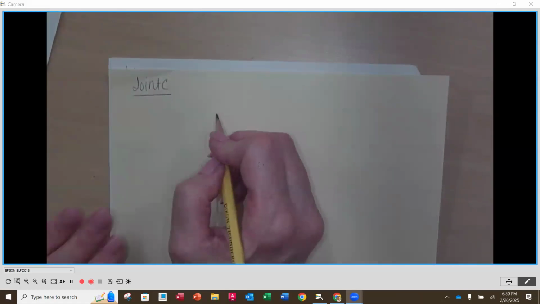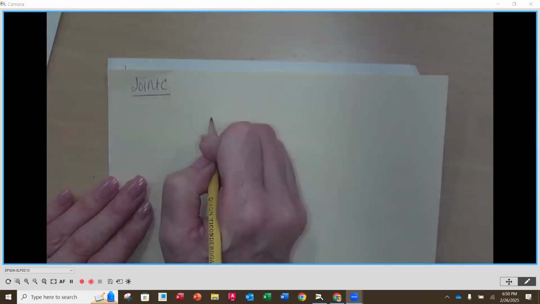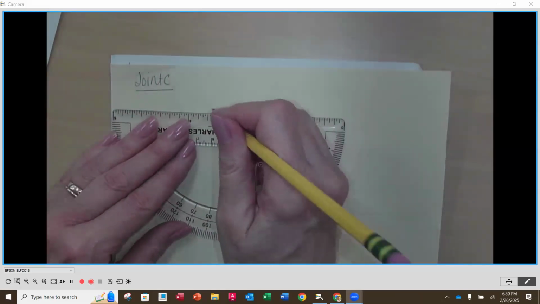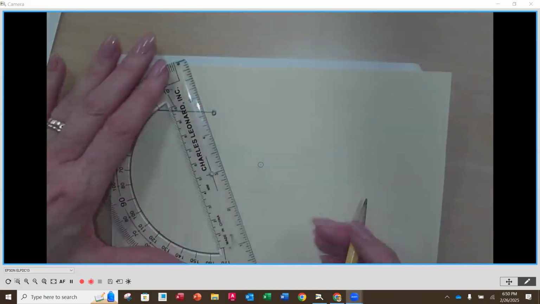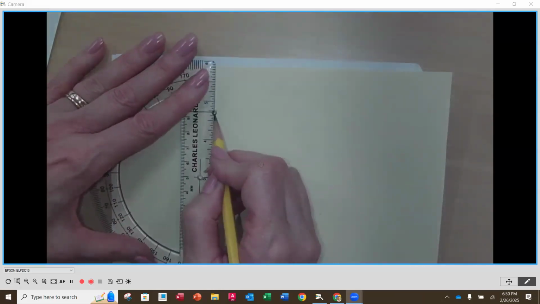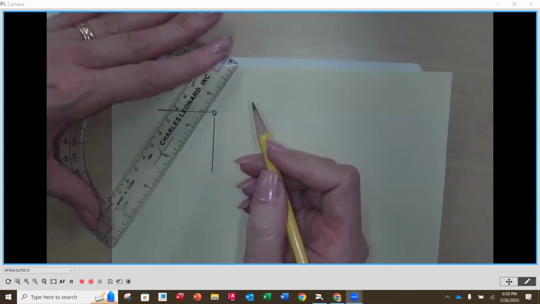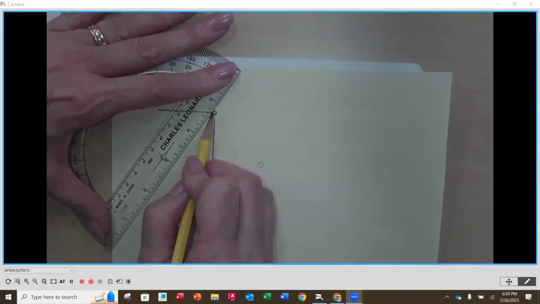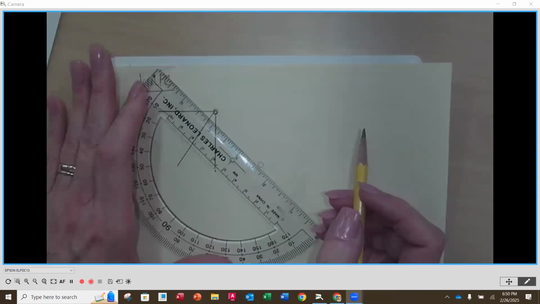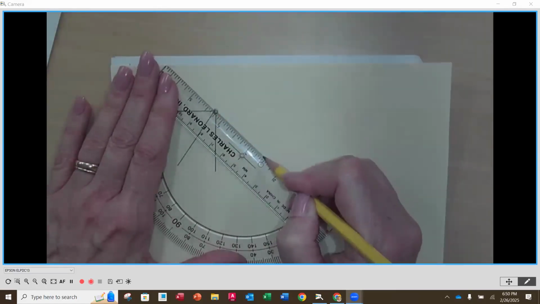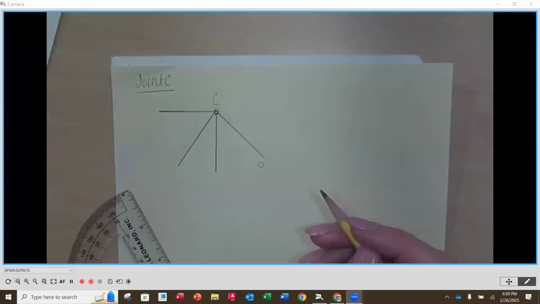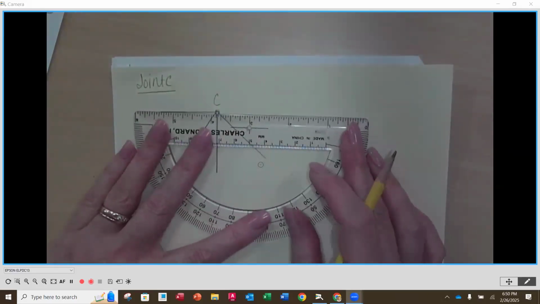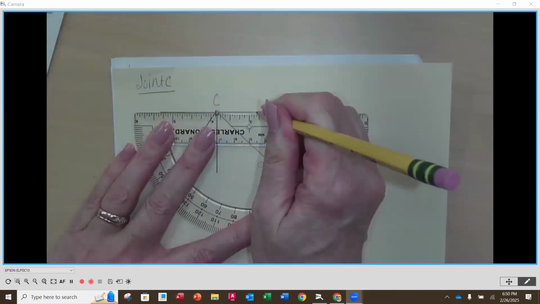So my next one is going to be joint C. Don't forget the applied load of 4.5 going to the right.